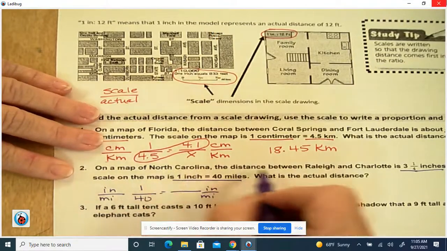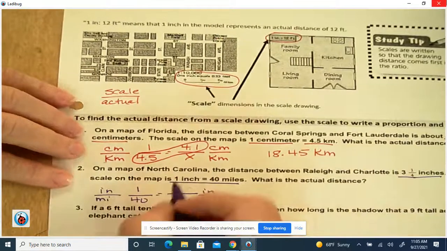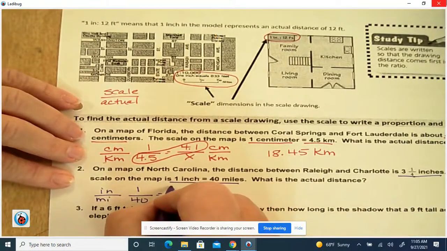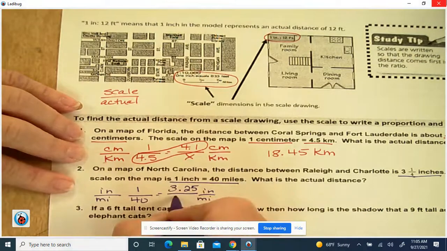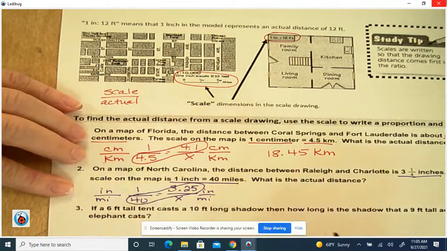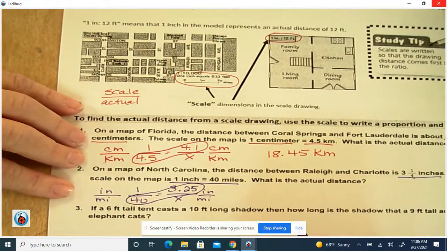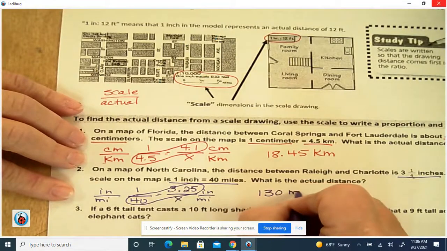And on the map between Raleigh and Charlotte is 3 1/4. I know that 1/4 as a decimal is 0.25, so I'm going to use that instead of 1/4 in the fraction. And then the fourth one is x. Circle these two. When you multiply them, the distance between Raleigh and Charlotte is 130 miles.